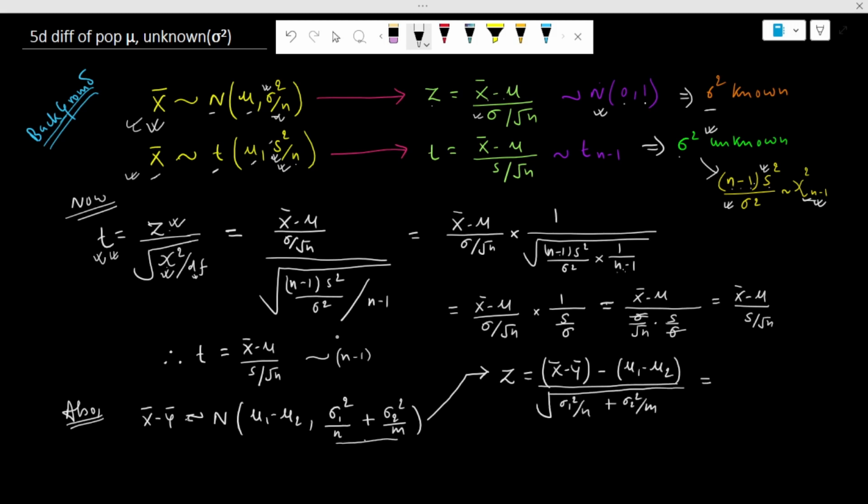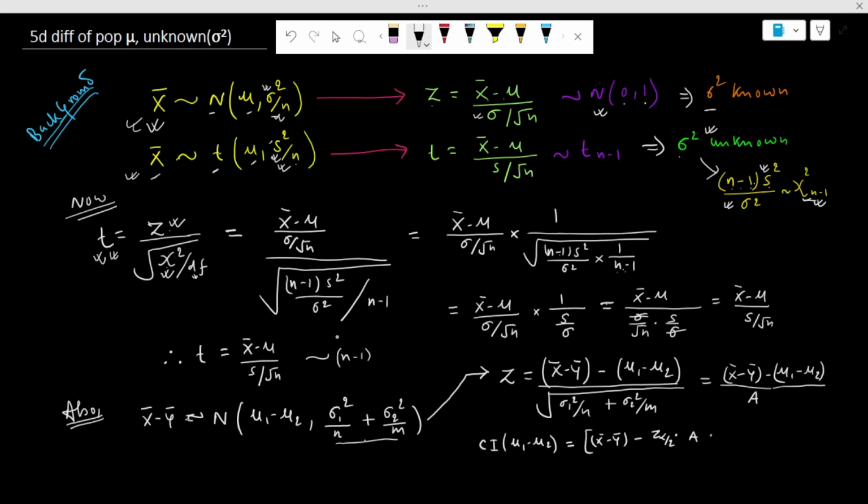Let us term this entire denominator as a. Then we can construct the confidence interval of the difference in means of two independent normally distributed populations. It is equal to x bar minus y bar, the difference in their sample means, minus z alpha by 2 multiplied by a, where a is the square root of sigma1 squared divided by n plus sigma2 squared divided by n.